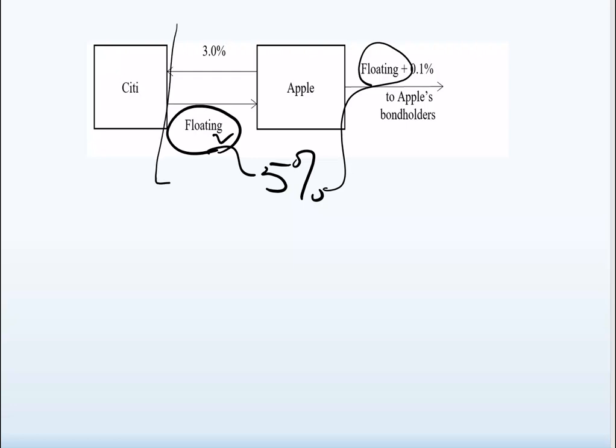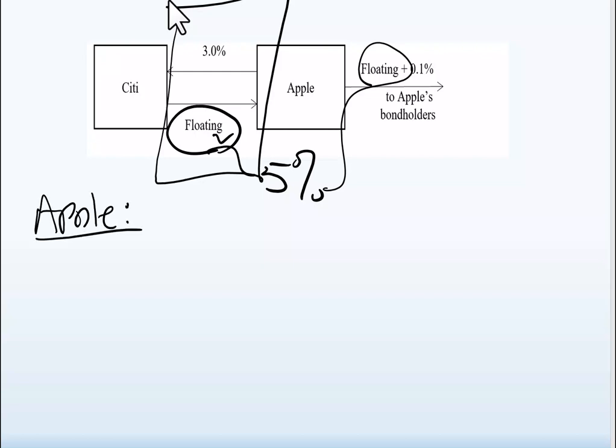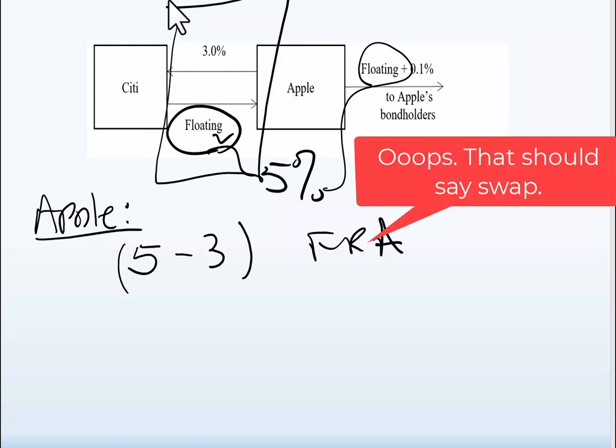We just look at the swap. What we see is, from Apple's perspective, Apple is receiving the floating of 5%. It's paying 3%, so it's making 2% on the swap. And then it has to contend with this side. This is the payments to its bondholders.